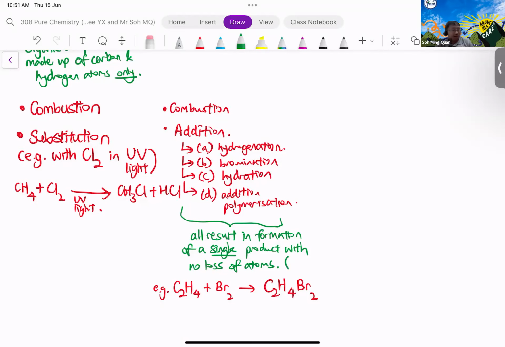Because there's only one single product in addition, the atom economy is 100%. Okay? By definition, addition reactions result in 100% atom economy. Because only one product is formed. This means that that product must be the useful product, the desired product that you want. There is no byproducts in an addition reaction.